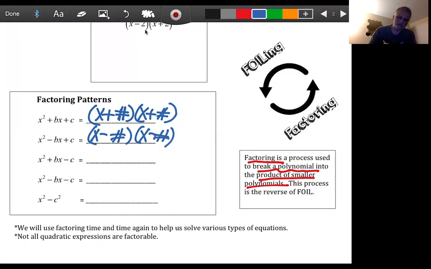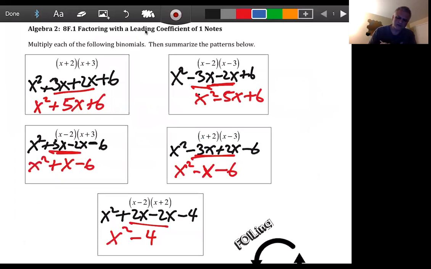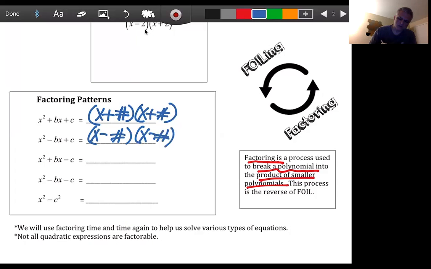Now this one has plus in the middle and minus at the end. Let's look for that pattern: plus in the middle and minus at the end. Cool. So that was an x plus times an x minus. It was x plus a number times x minus a number.